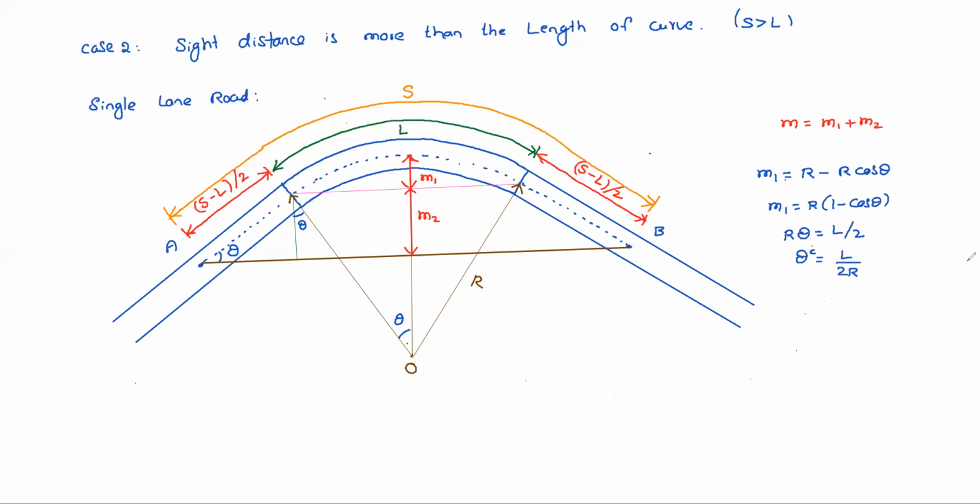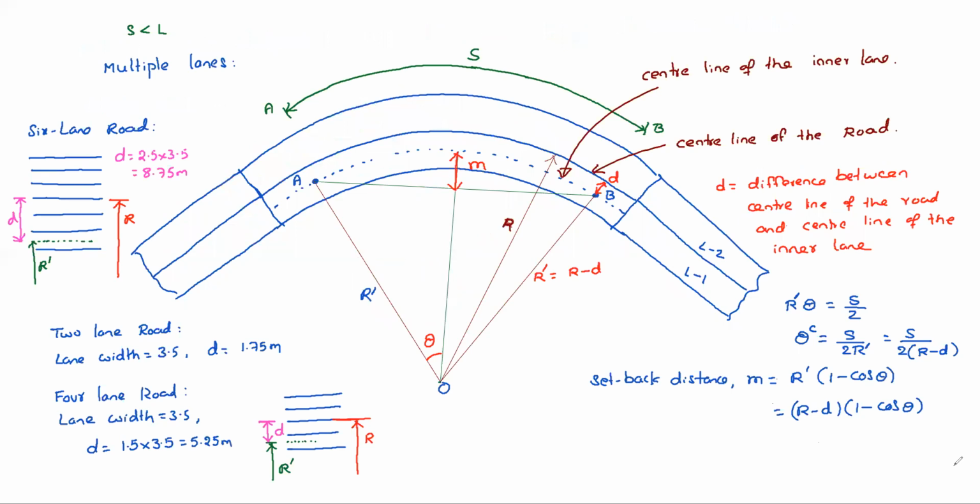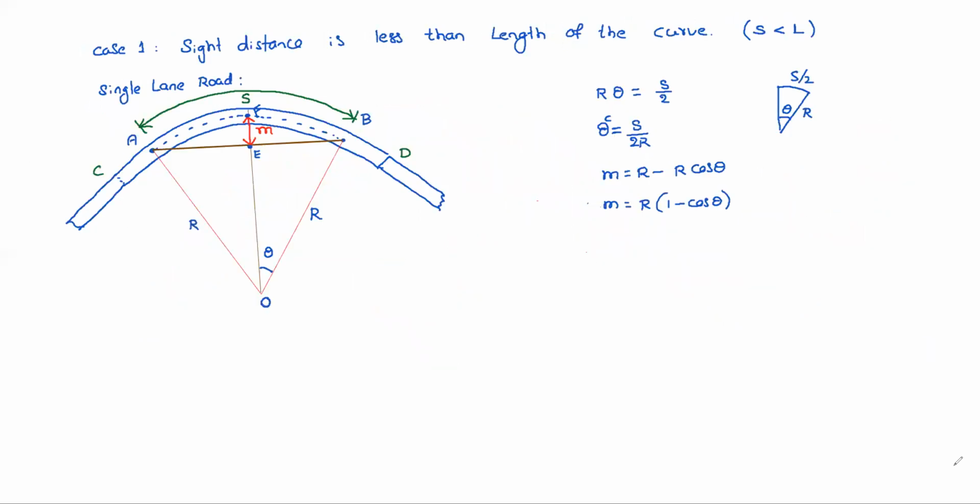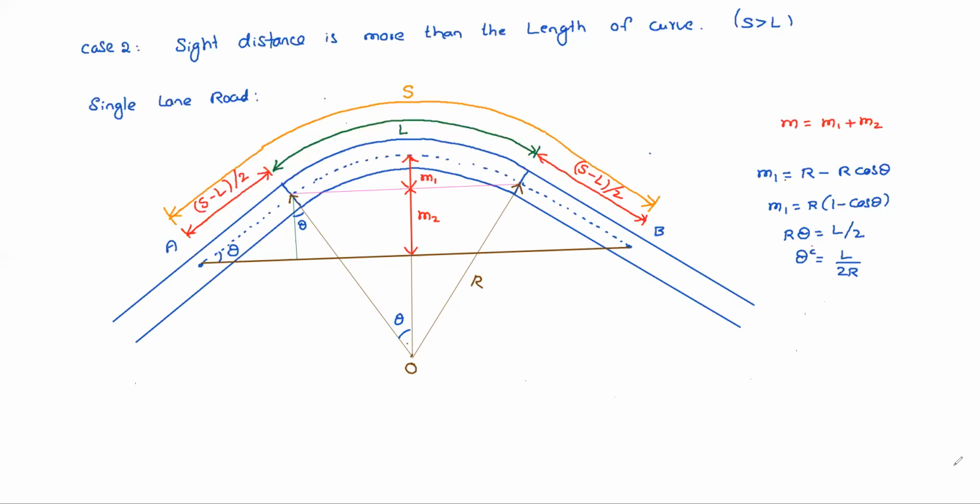So be careful, in the previous case it was S by 2R. Now it is L by 2R for theta. M1 we got. So M2, this also M2, green line M2.